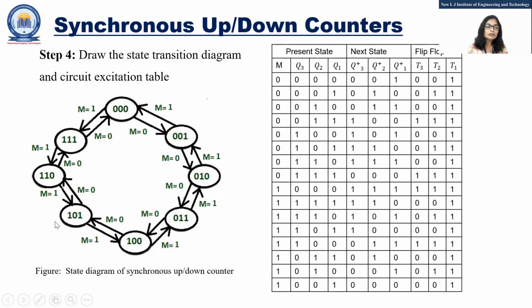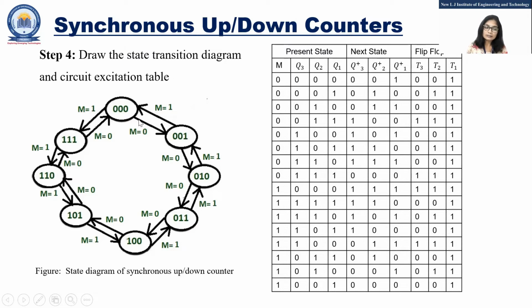And if you are moving in the reverse direction, counting will start from 000, then 111, 110, right? 7, 6, 5, 4, 3, like this way. At that time, M is equal to 1.